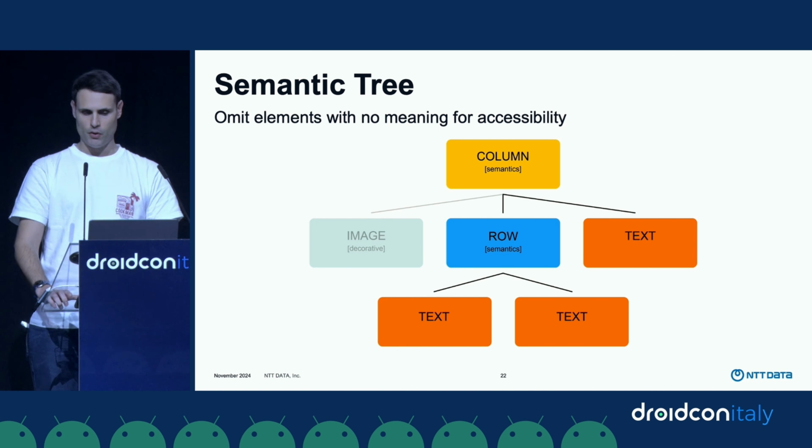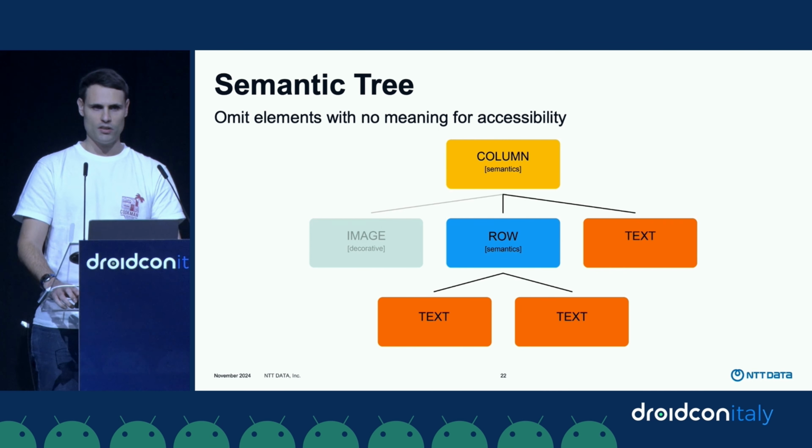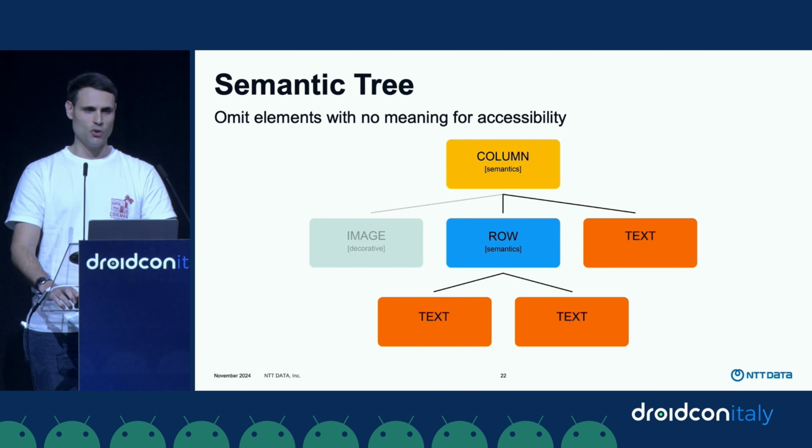We have two separate trees, because usually the semantic tree is a simpler perspective of the tree structure, because it omits elements that have no meaning for accessibility. For example, you can see here that we turn the image that before had a content description into a decorative image. This is like a background, for example. And doing so, this node is omitted from the tree.